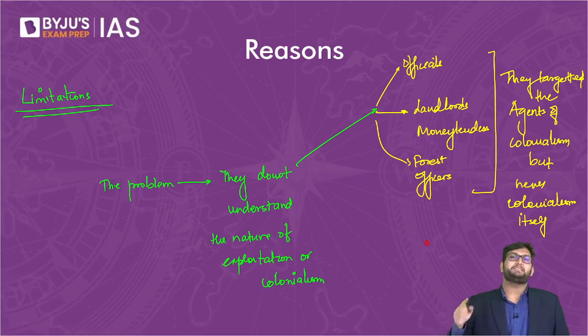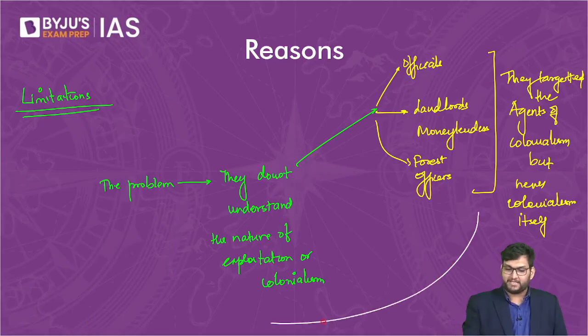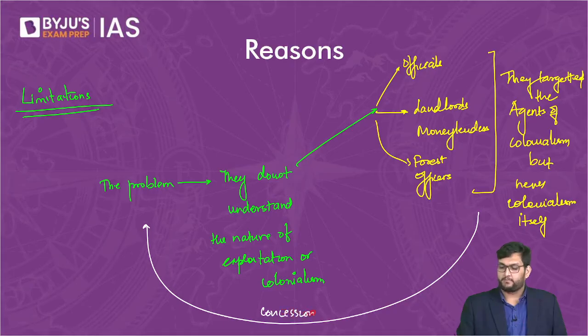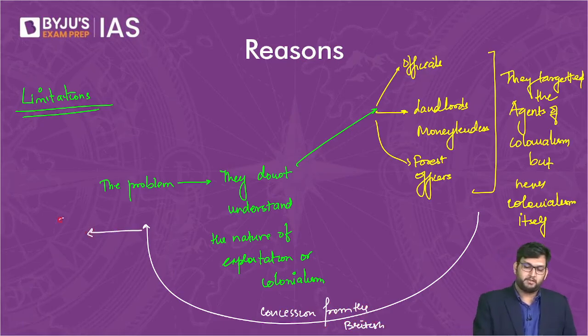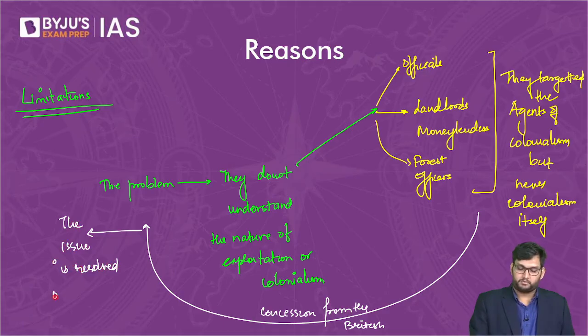The reason is the British, not these agents. But what they do is that once they get a concession from the British, the issue is resolved or stops being relevant.